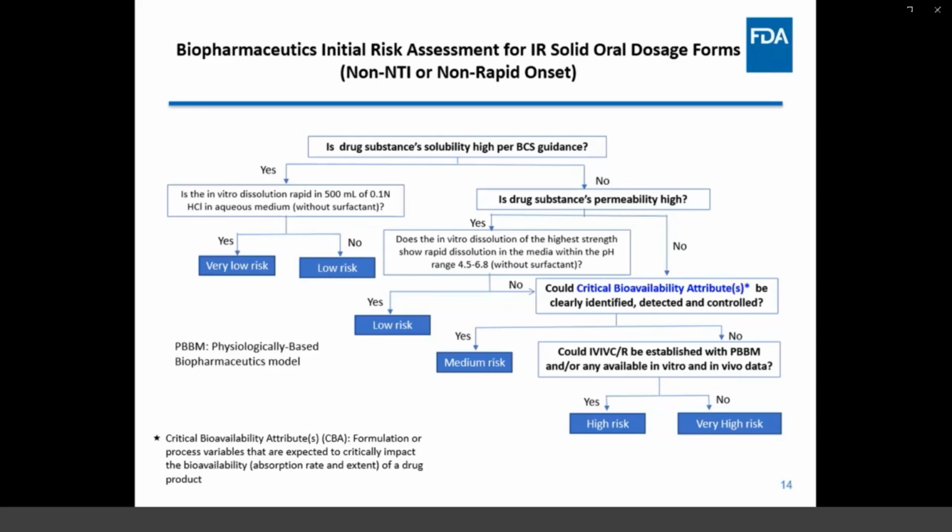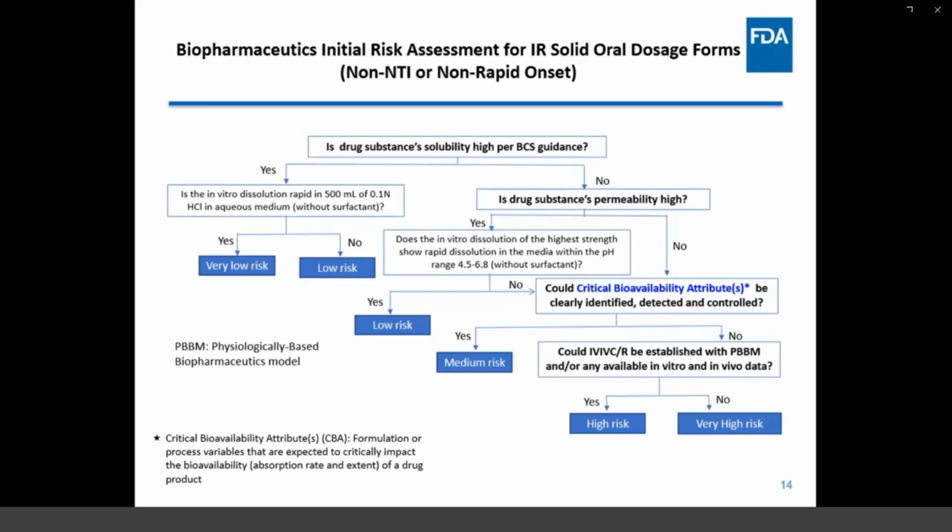We begin with the drug substance solubility, and is it high per the ICH M9 or the BCS biowaiver guidance? If they're able to demonstrate high solubility, again, we'll reference the guidance that was recently published in 2018, and we'll see if they can also achieve rapid dissolution under the standard conditions, which are 500 ml of 0.1 normal HCl in an aqueous medium.